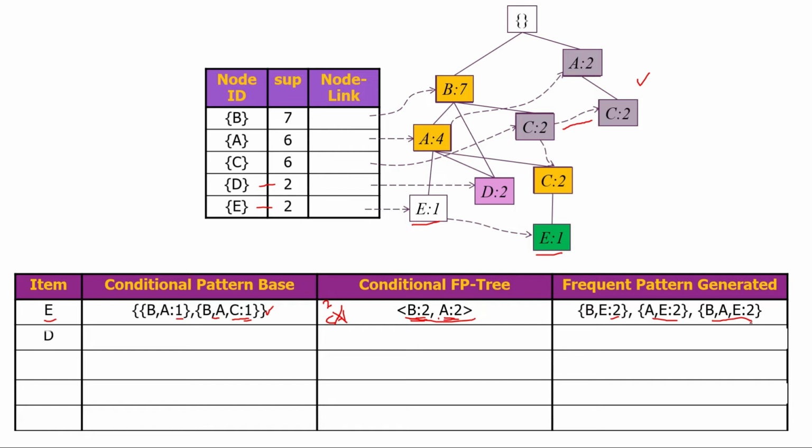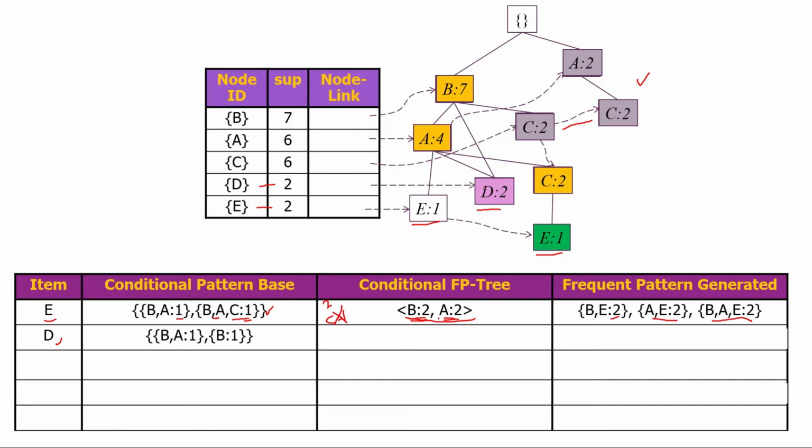Then for the next least support count item, which is D, we need to traverse from the root node to the D path.